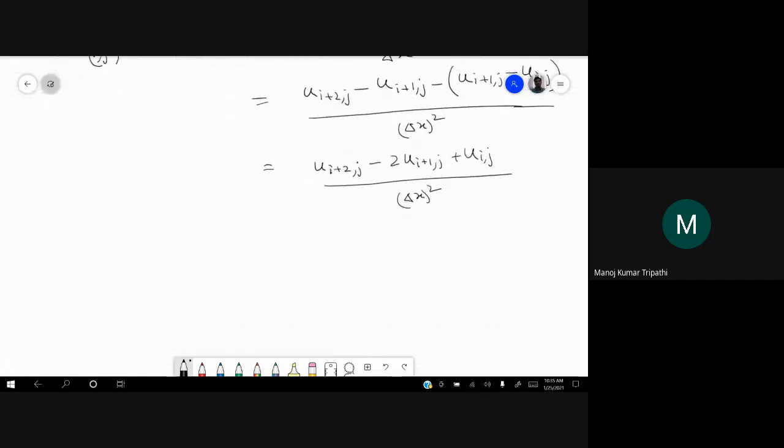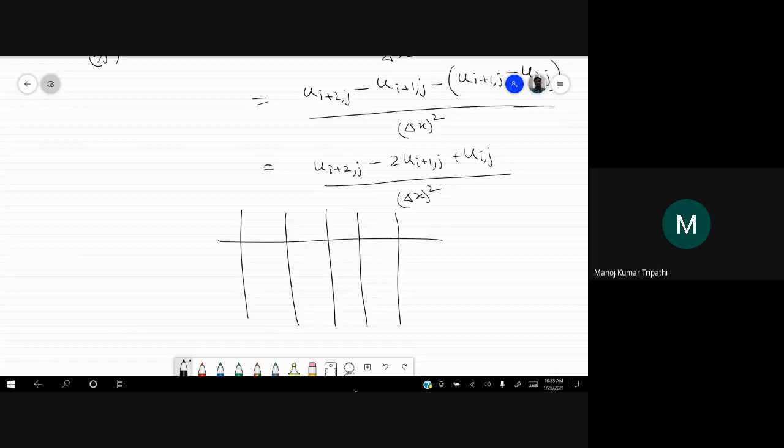Okay. But here you can see that if I draw the grid, this is ij, let's say, this is I plus 1, this is I plus 2.